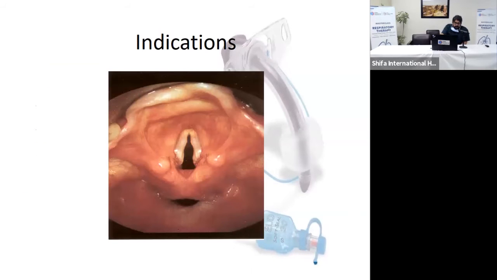So this is a normal larynx, if you look at it with your fiber optic scope. You can see both vocal cords there. This is the glottis, and below this is your windpipe. Now, if for some reason this area is blocked, then you have to put the tube into the trachea.